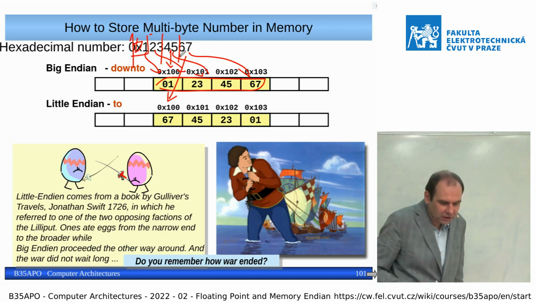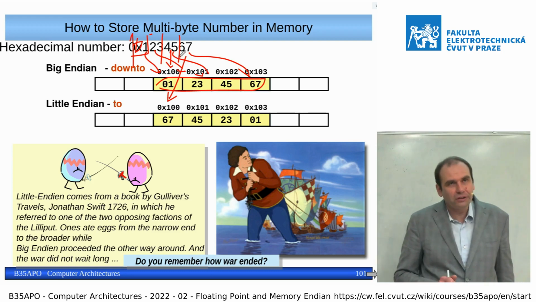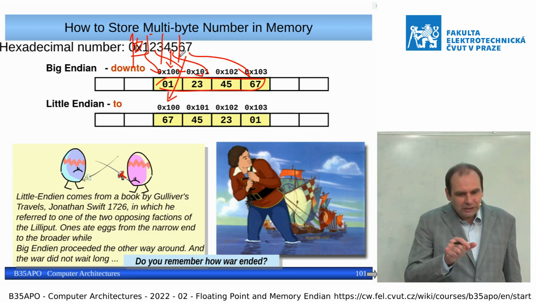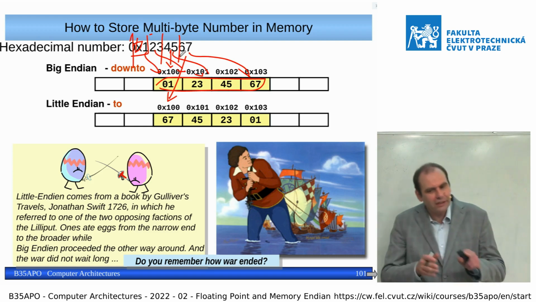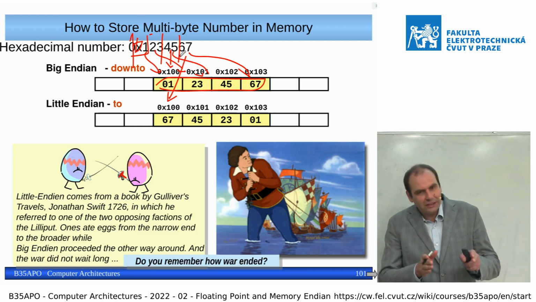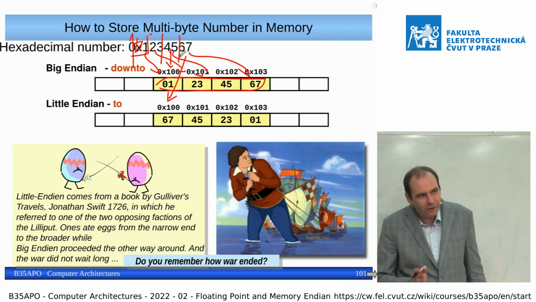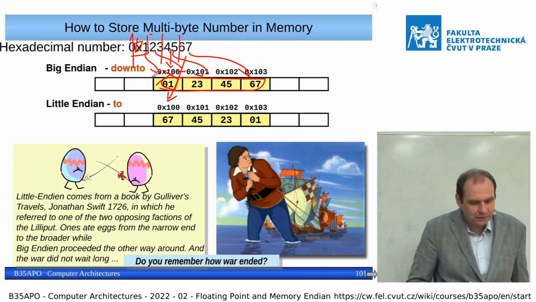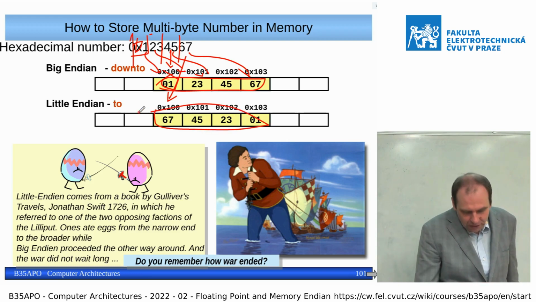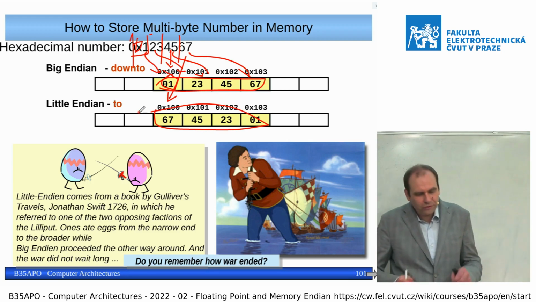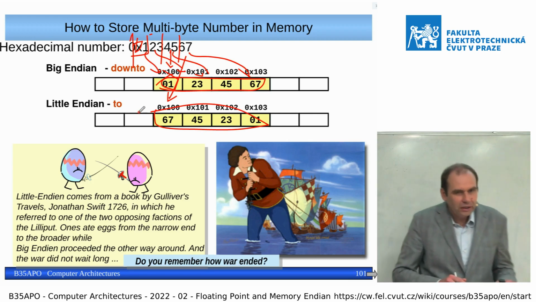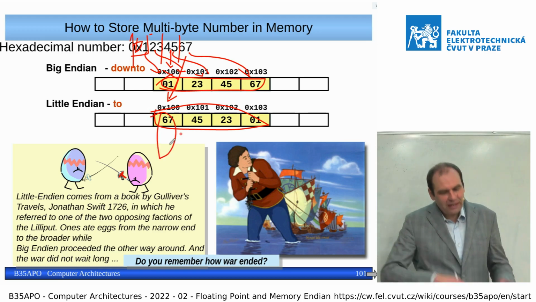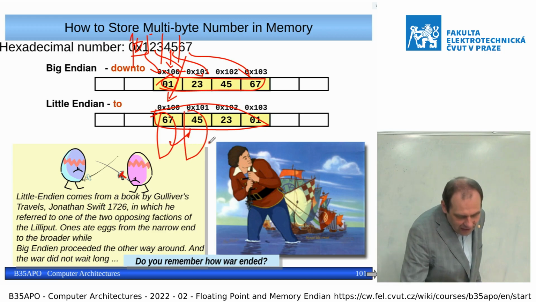So for the comparison, and even for example for the network, if you send the address, it is better if the switch gets the most significant byte first, because it usually can route according to the prefix to the different networks. So for the network, it is better to send the most significant byte first. On the other hand, if you want to add numbers which do not fit into the registers of the processor, then it is better to add the least significant bytes first, then to have the carry, and then add the next.